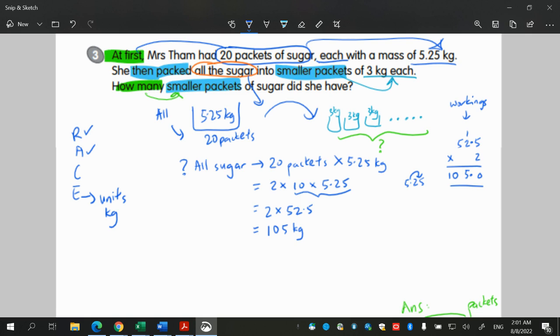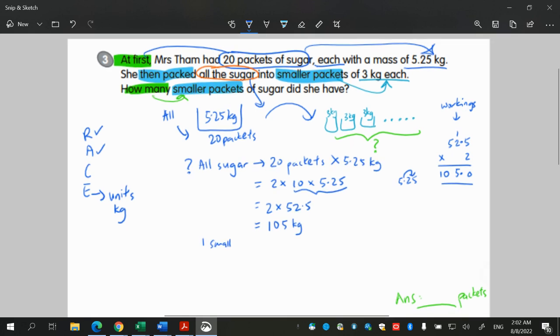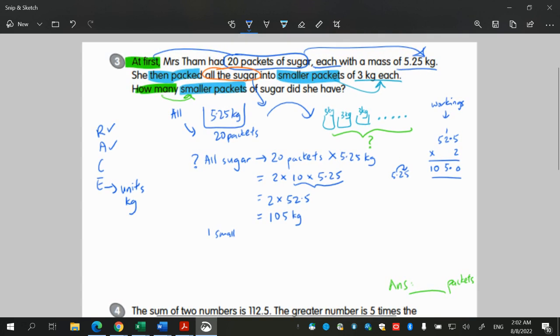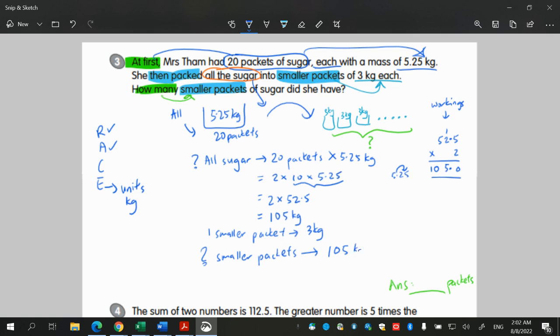Now, next part. One smaller packet is 3 kilograms. So I want to find how many smaller packets. I use all the sugar because it's repacked, divided by the 3 kilograms.